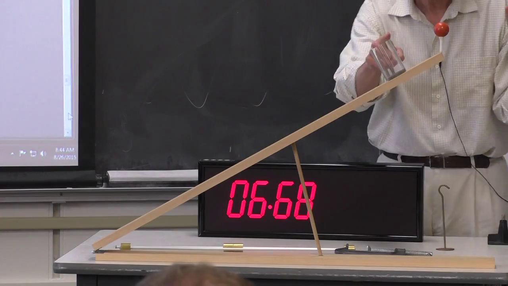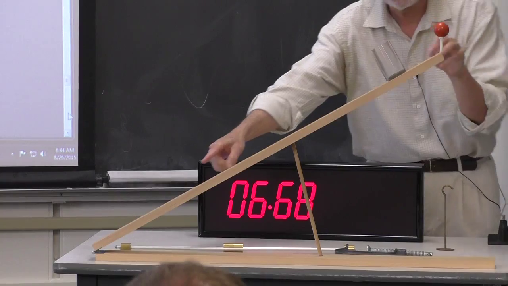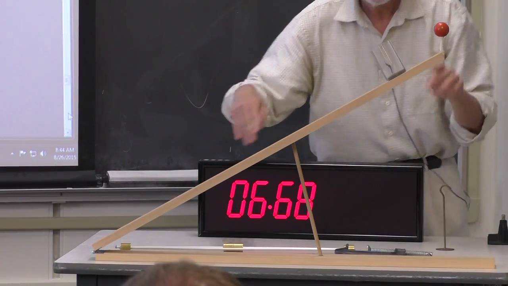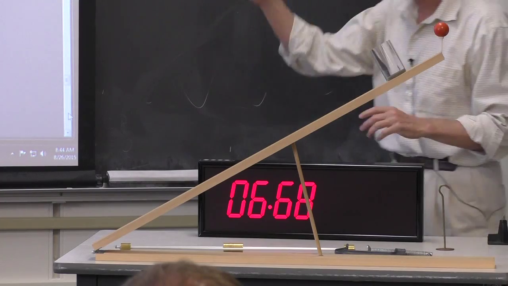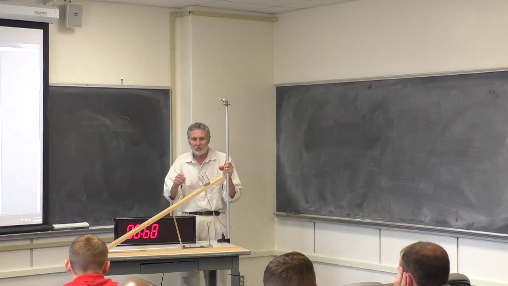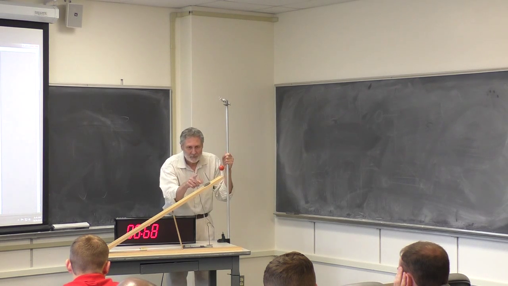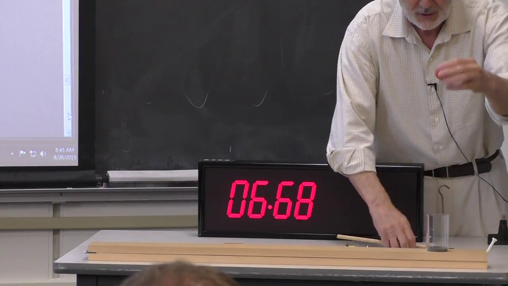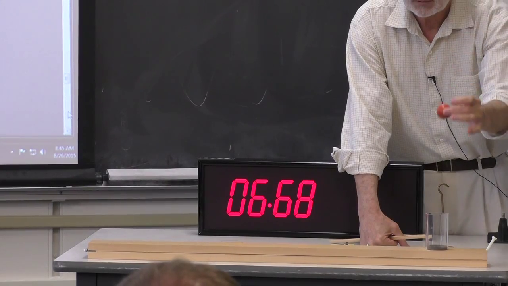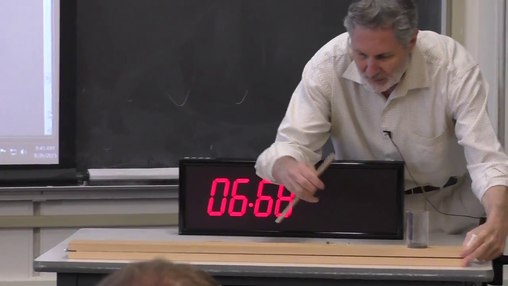This cup, this is the problem we just solved. The plank here is going to angularly accelerate, and we've predicted that the end has an acceleration greater than g. This is designed such that when this goes down, the cup is right below the initial location of the ball.